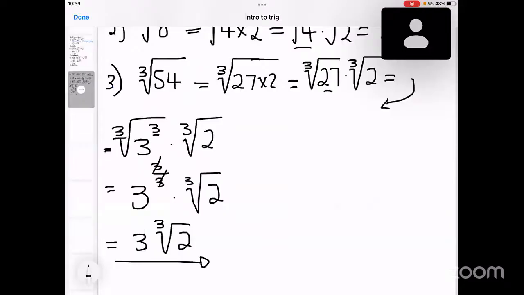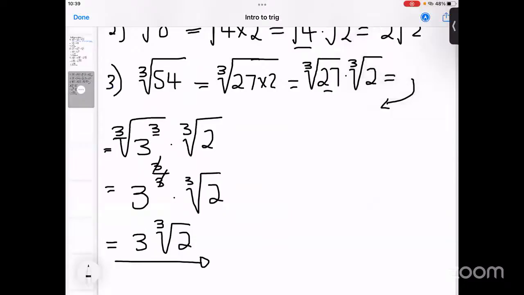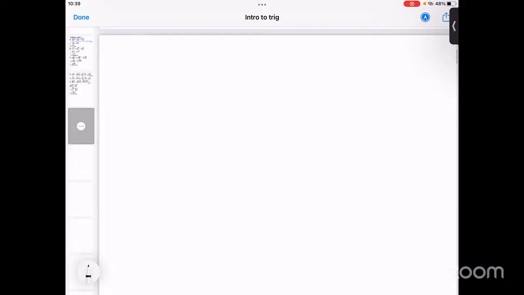Looks like we are now ready to continue, where we will look at different types of problems. So let's refer to this as example number one, whereby we have, let's say, the square root of 12 being added to 4 square root of 75.